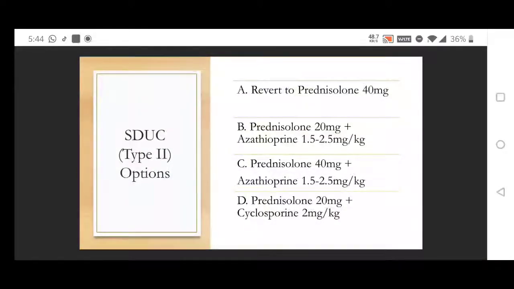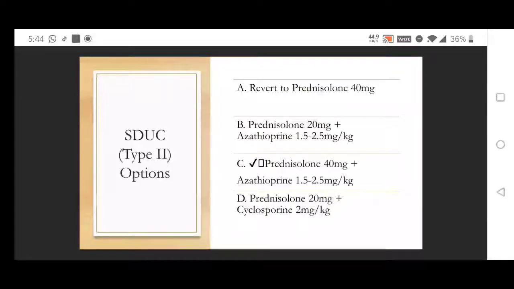Again, pick up your voting pads. Now, the options are: A, revert to prednisolone 40 milligram; B, prednisolone 20 milligram as therapy; C, prednisolone 40 milligram plus azathioprine; D, cyclosporine. The right answer is possibly prednisolone with azathioprine.